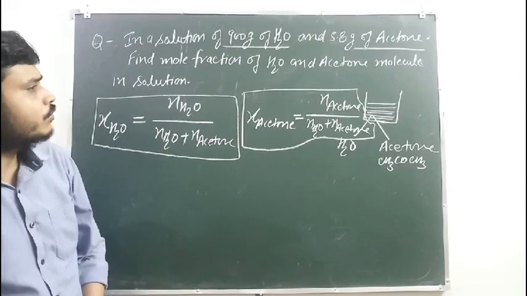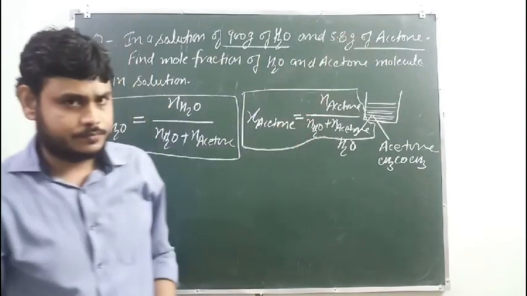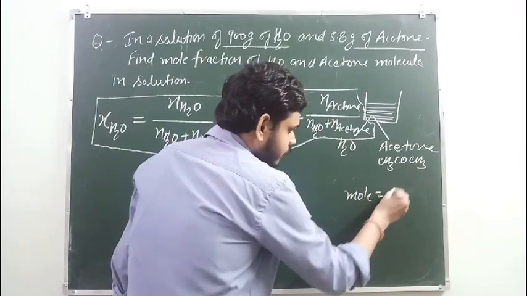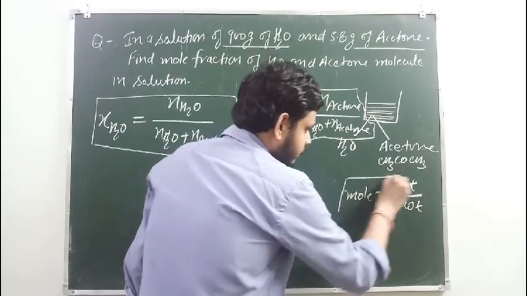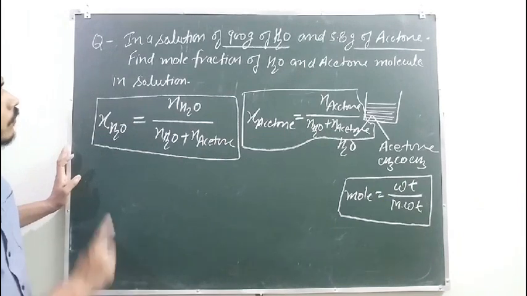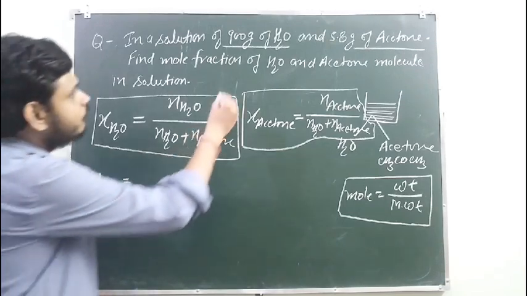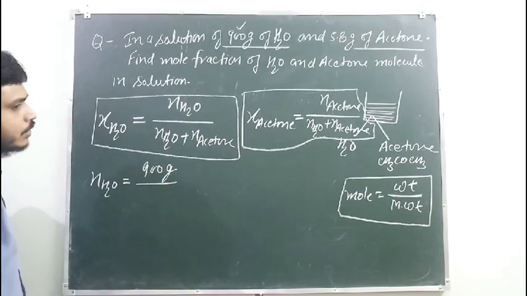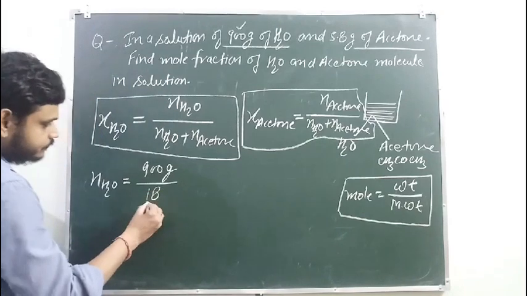By using these two formulas we can calculate the mole fraction of H2O and the mole fraction of acetone. First, we have to calculate the number of mole of water and the number of mole of acetone. We know that the mole is equal to weight upon molecular weight. Clear? Number of mole of H2O is equal to weight of water, that is 900 gram, divided by molecular weight of H2O. The molecular weight of H2O is 18.